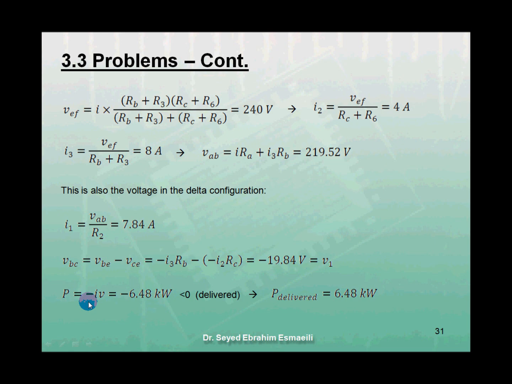The current is flowing in the direction of the voltage rise in the voltage source, from which the power equation is written as P equals minus IV, equals minus 6.48 kilowatts. Since the power is negative, it is delivered. So the delivered power equals 6.48 kilowatts.